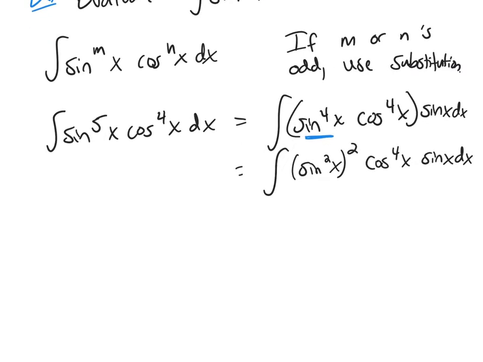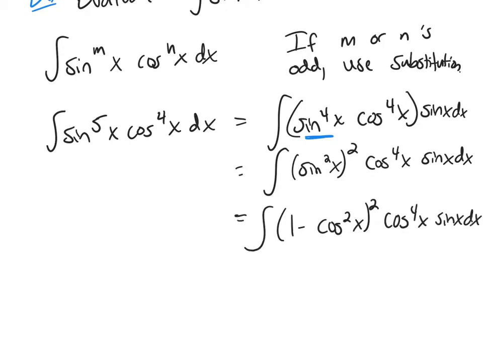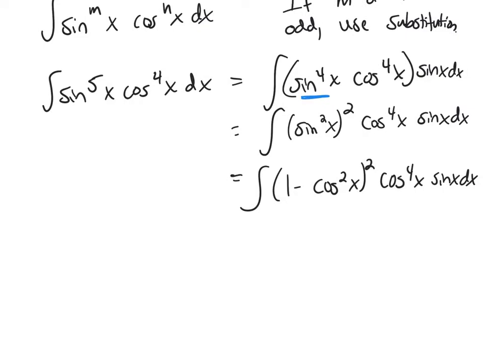And then I can replace sine squared with 1 minus cosine squared. And now we're going to do a u substitution. u is going to be cosine.